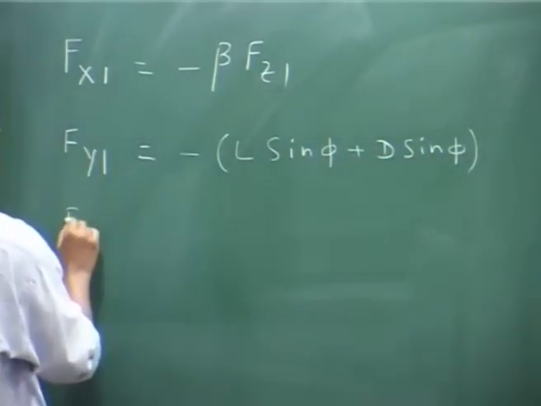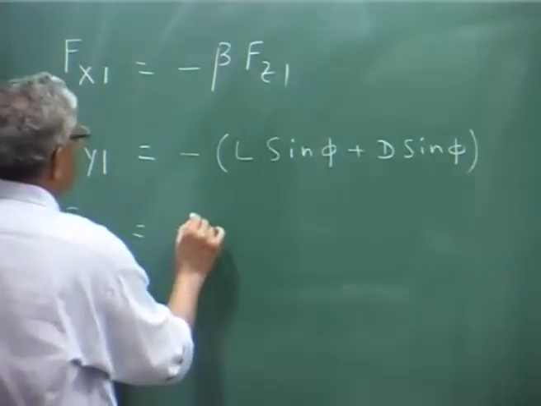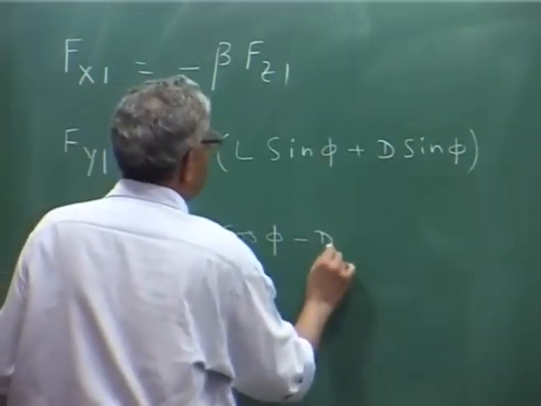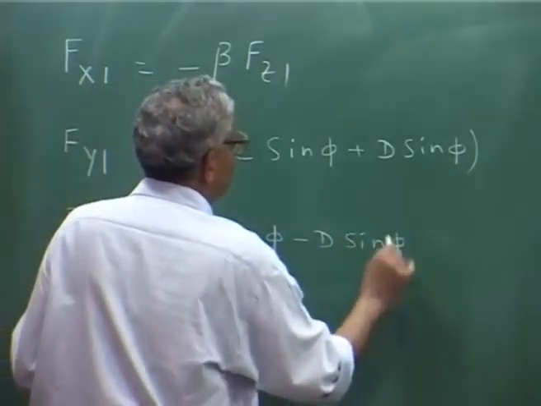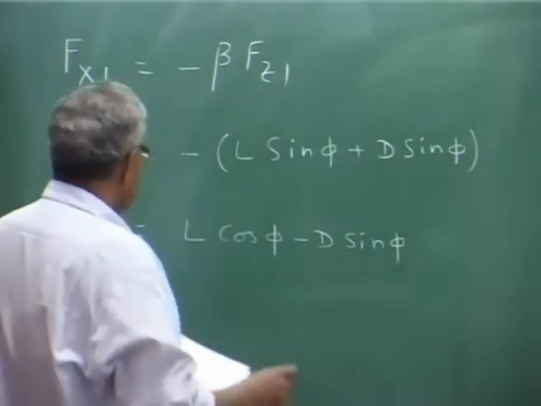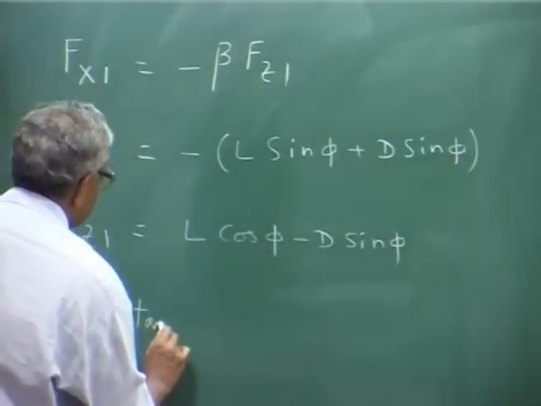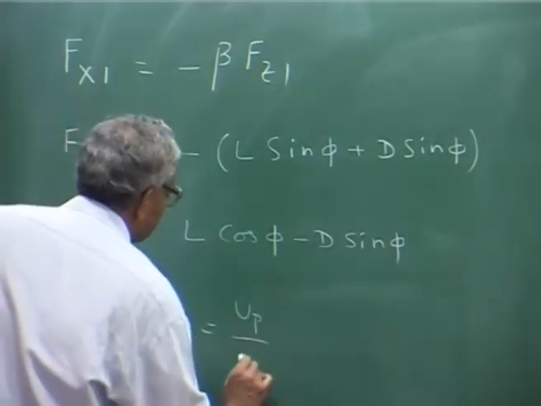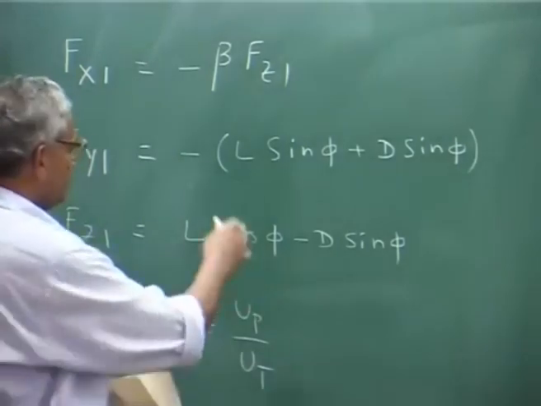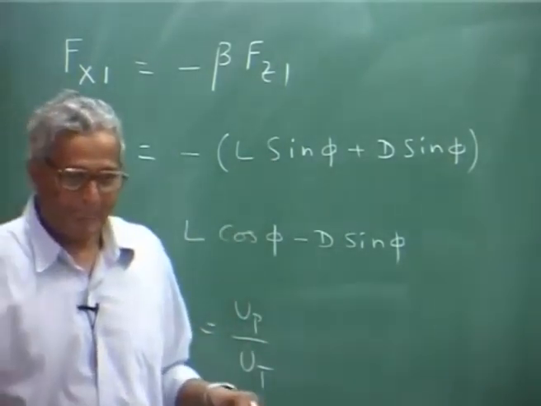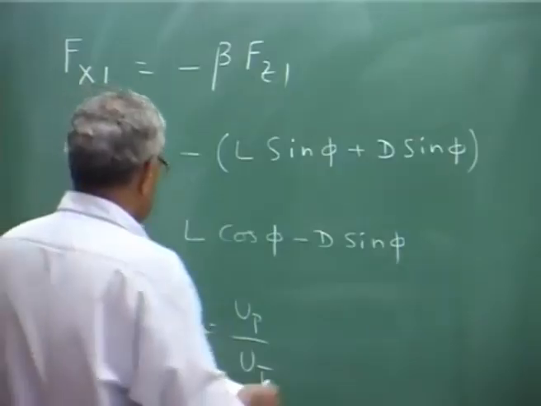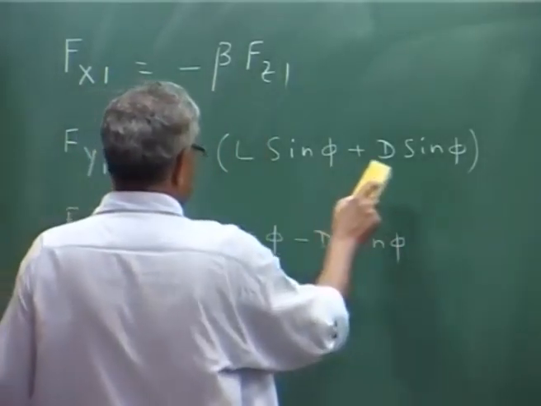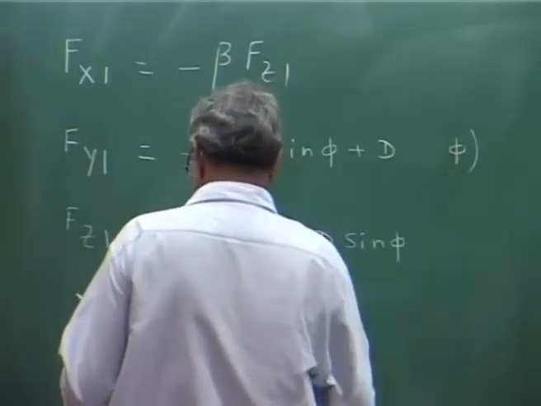And then f z 1 is L. Okay. These are our basic quantities, and we know tan phi is u p over u t, and we had the expressions for lift, drag, everything. So, which one? D. Yeah, sorry.